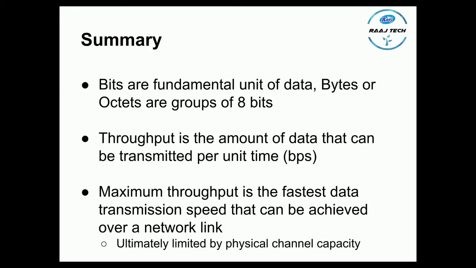The maximum throughput of a system is the fastest data transmission speed that can be achieved over a network link. This maximum throughput can be measured at any layer of the OSI model, but it is ultimately subject to hard physical limitations that are introduced by the physical channel capacity in the physical layer.